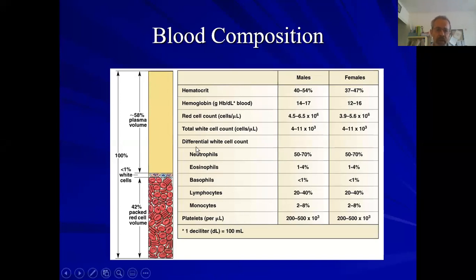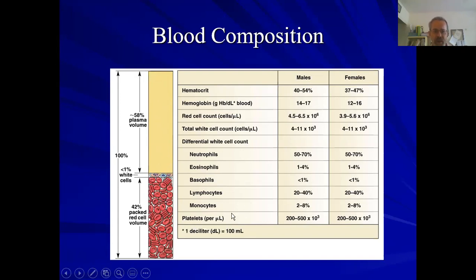Whole blood is divided into two main parts: the plasma, which is the liquid portion, kind of straw colored, and the packed cell volume, which is mostly red blood cells. The plasma makes up roughly 58%, which can be more or less. The blood cell volume, mostly red blood cells, is about 42%, and maybe 1% white blood cells make up the rest.